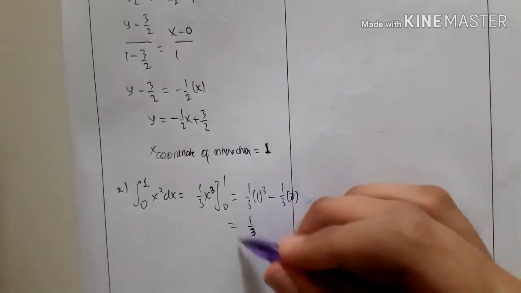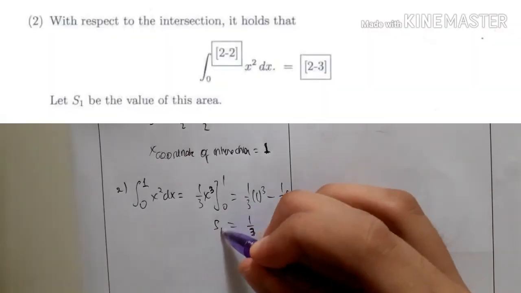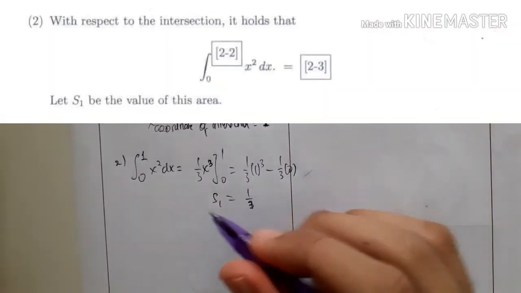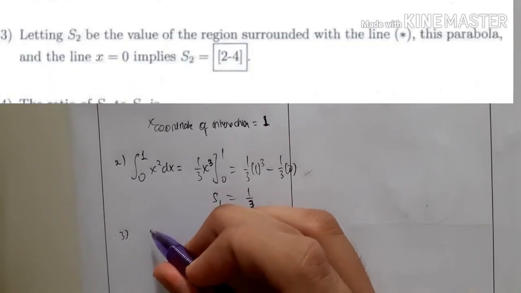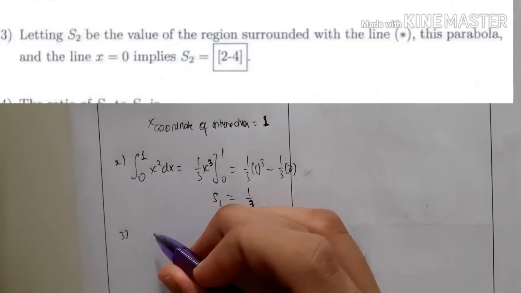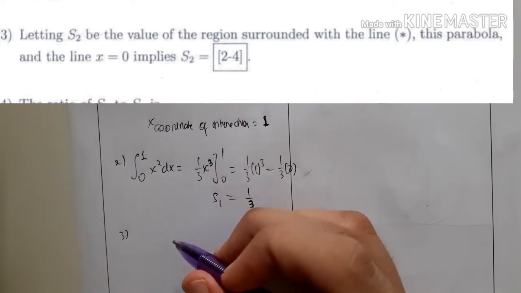They said we assume this area as S1. Now number 3. Letting S2 be the area of the region bounded by the line, the parabola, and the line x equals 0, what is S2?